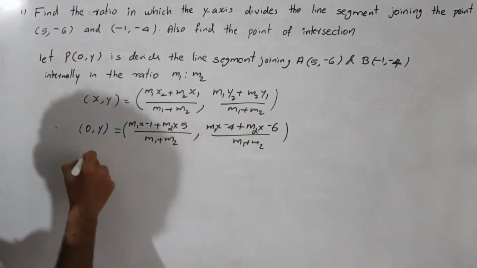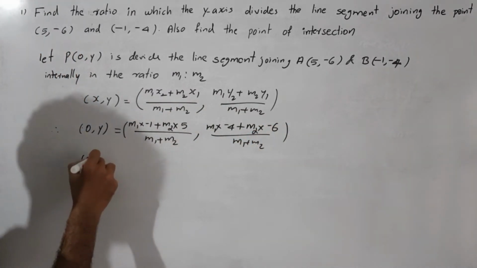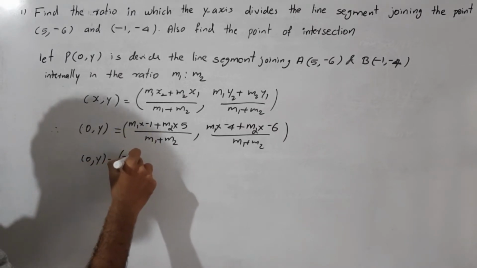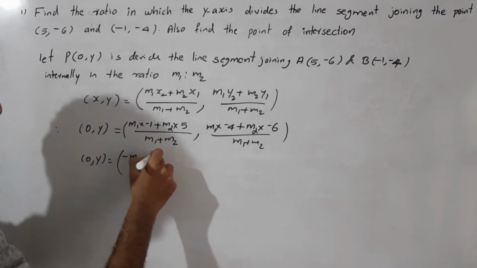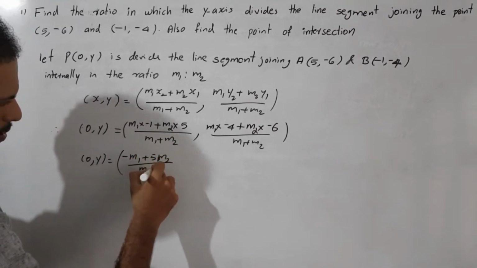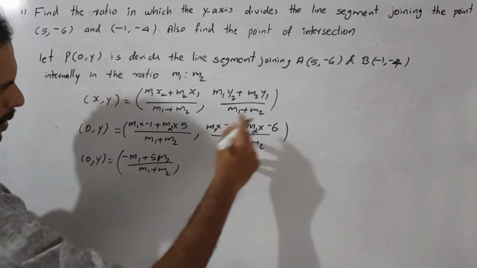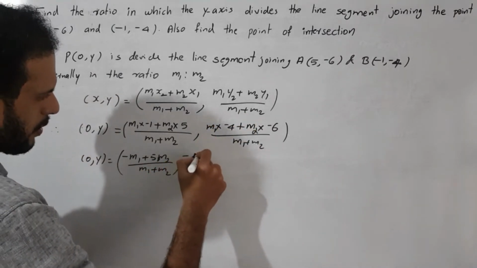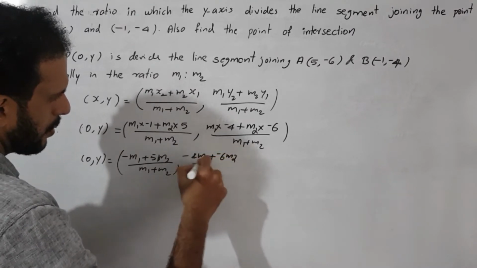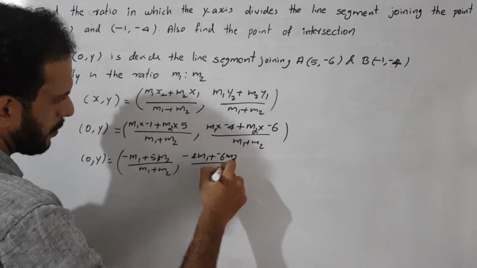Correct. Therefore (0, y) is equal to ((-m1 + 5 m2) / (m1 + m2), (-4 m1 - 6 m2) / (m1 + m2)).